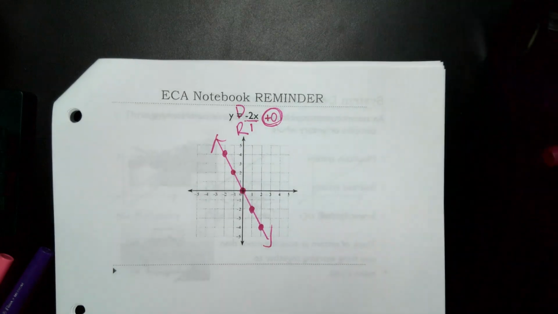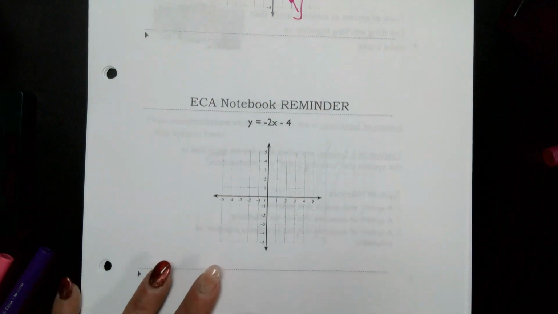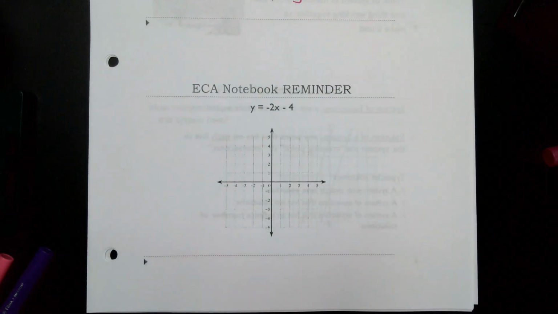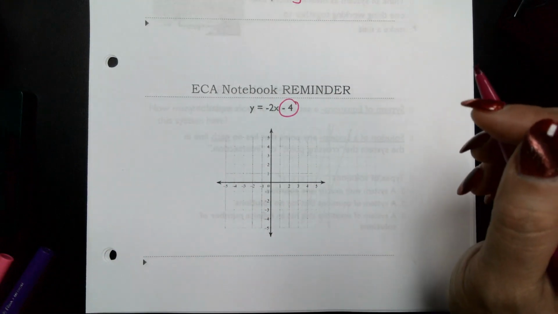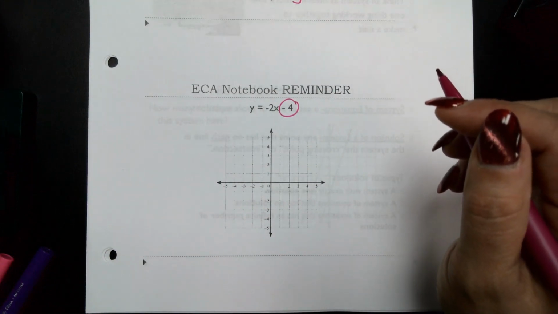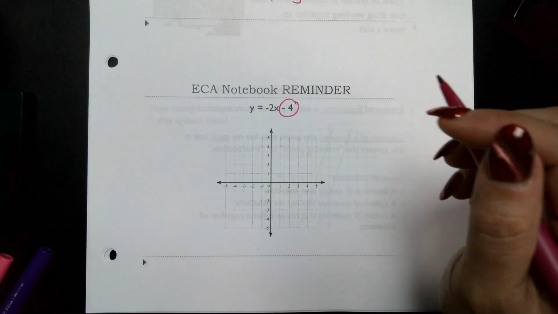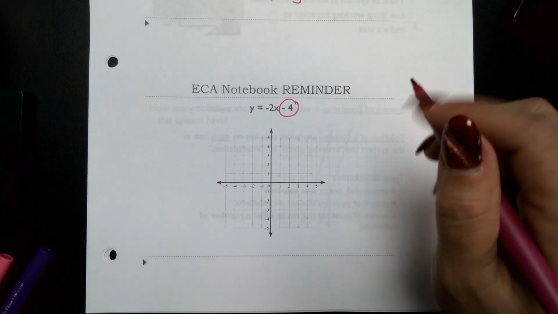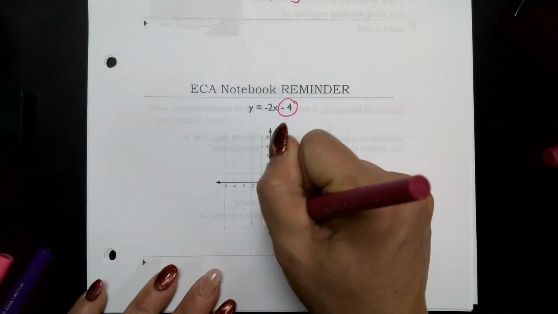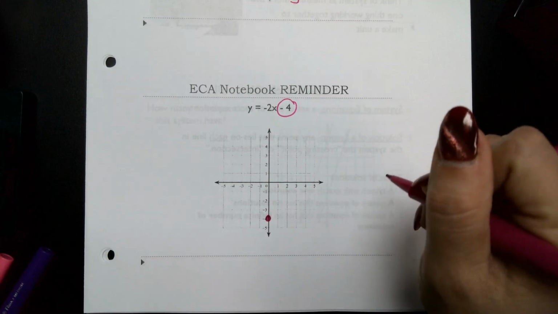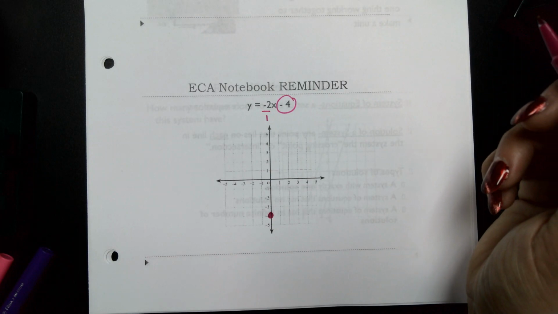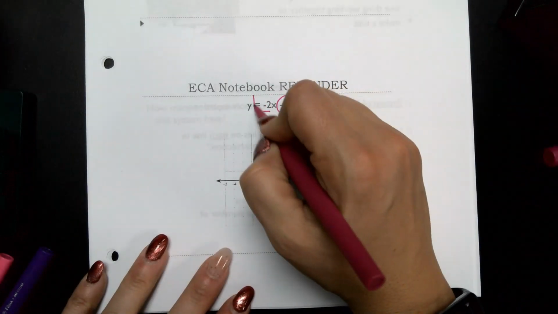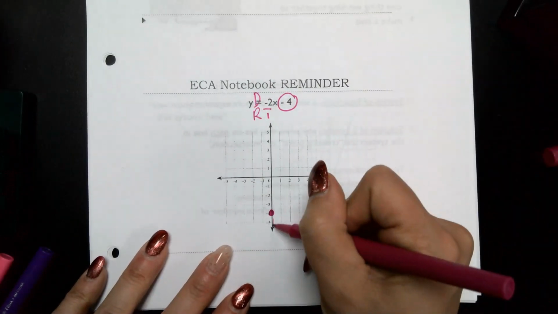All right, down here at the bottom. What is my starting point? -4 on the y-axis. And then our slope is -2/1 again. So where does that go? Down right, good. So can I go down 2?